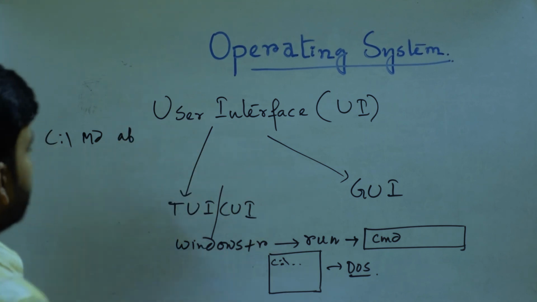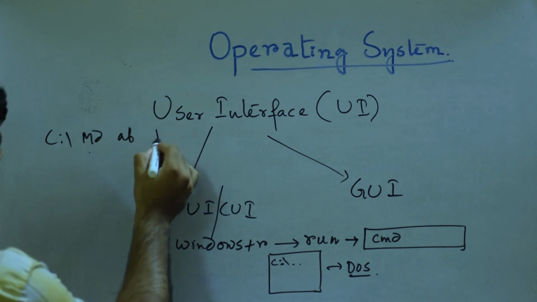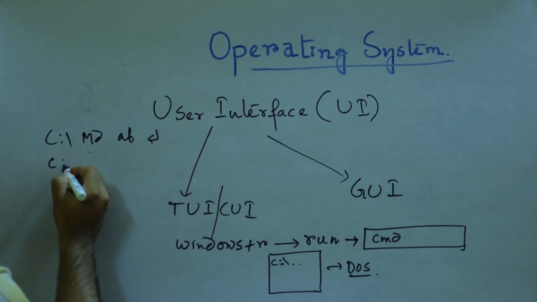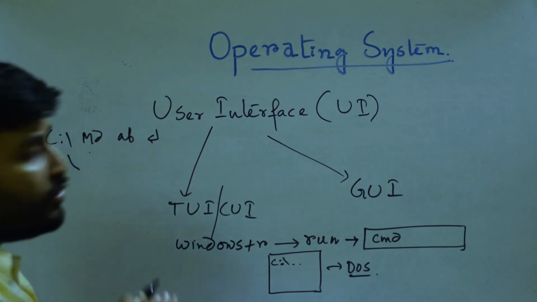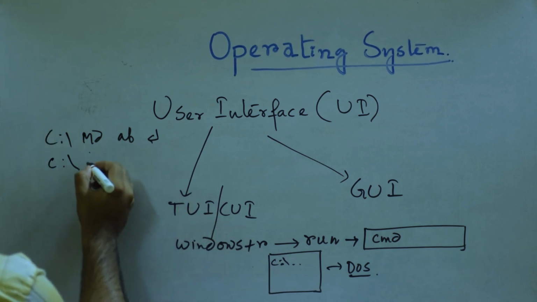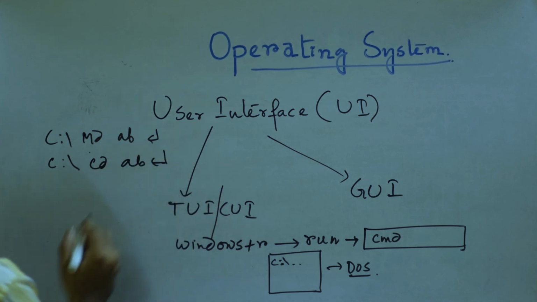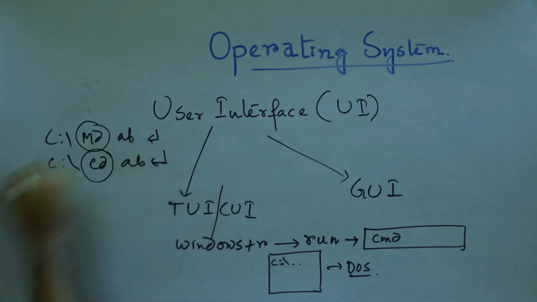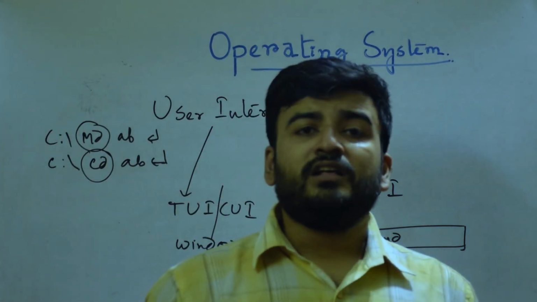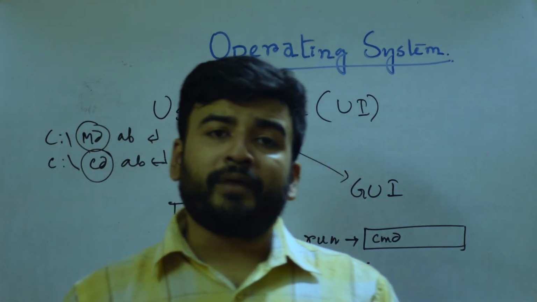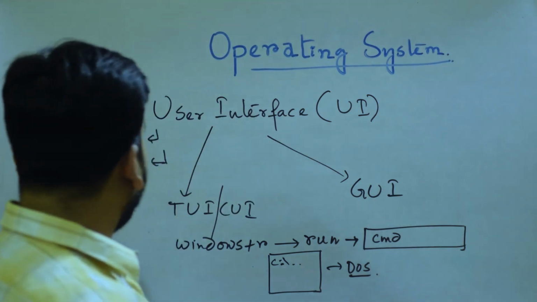So you need to write MD AB, then press enter. After that, to go to that particular folder, C:/CD, then AB. So each and every time we need to write commands, right? MD means make directory, CD means change directory. Using those types of commands we can easily go to that location.